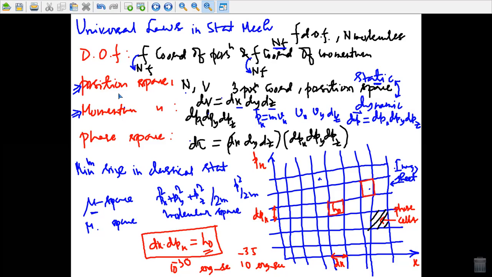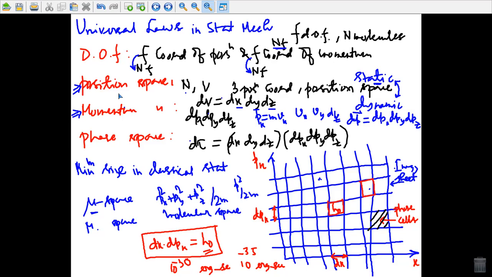So a little bit about the position space. Consider a system consisting of N particles distributed in a given volume V, and if the system is static, all particles will remain fixed at various points in space. To completely specify the position of any particle in three-dimensional space, we must know the values of its three Cartesian coordinates x, y, z, which are mutually perpendicular to each other. As there are N particles, a knowledge of 3N coordinates gives complete information about such a static system.